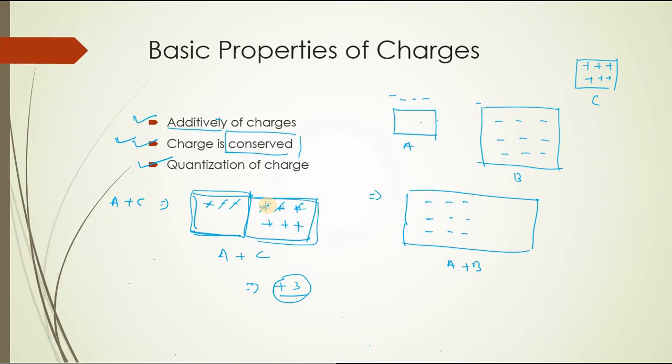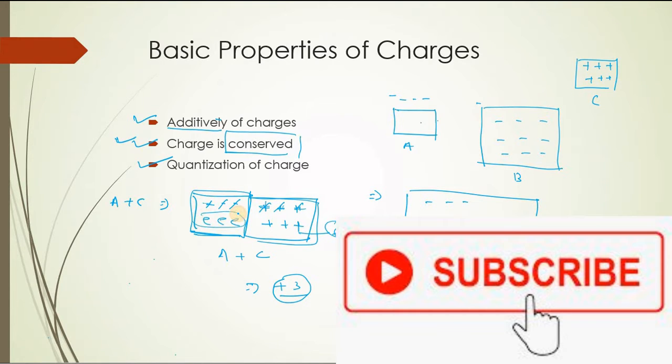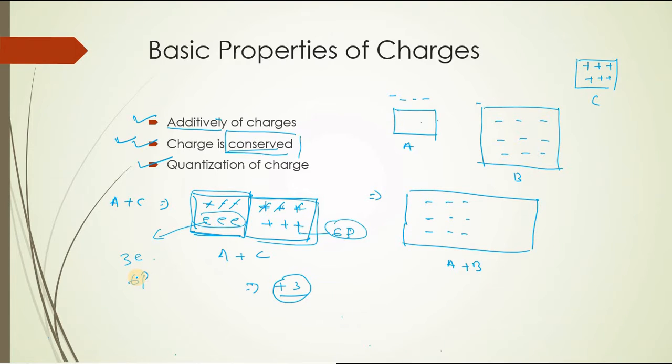Don't think that the electron is going anywhere. The electron is still in the system. We have 3 electrons and still 6 protons, but the charge of 3 protons and 3 electrons is cancelling out. Still, if anyone asks you how much the charge is, you still have 3 electrons and 6 protons.